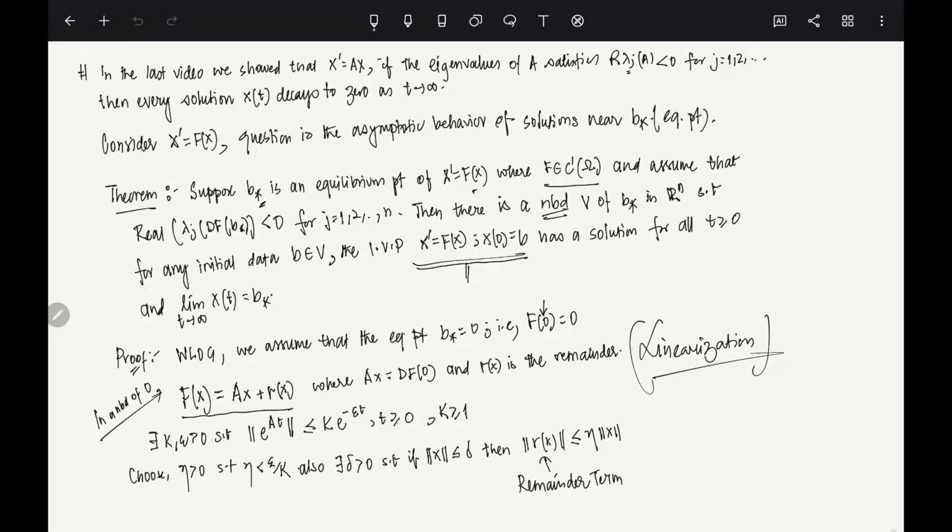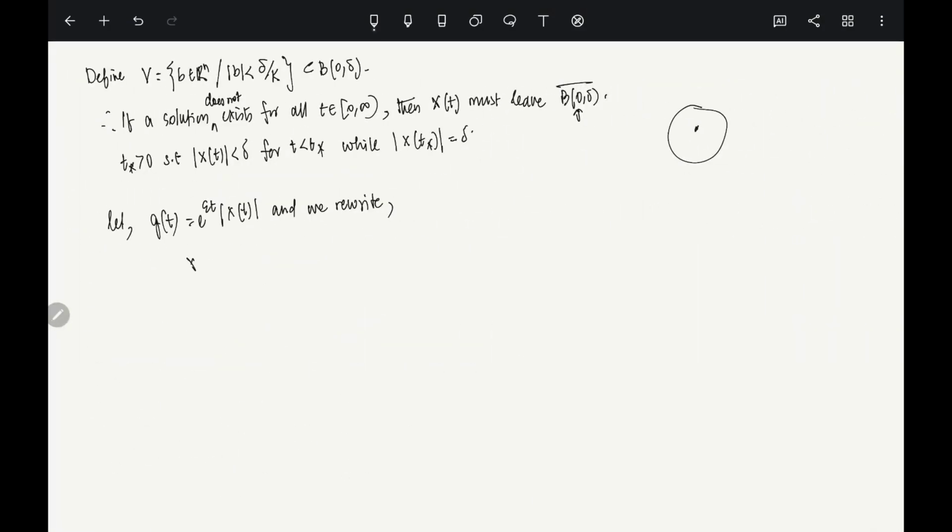See, x prime equals f of x, and what is f of x? f of x is Ax plus r of x, right? So we have x prime equals Ax plus r of x. Is it okay? And what is x0? x0 is given to be b. We can rewrite the equation like this.